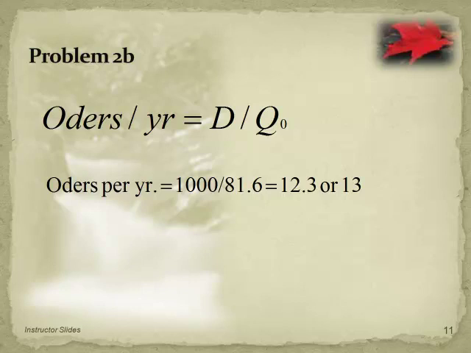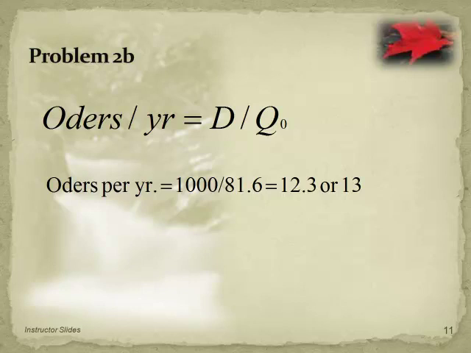The next thing that we want to do is to calculate how many orders we would place in a given year. The formula is the annual demand divided by the economic order quantity. The annual demand is 1,000.